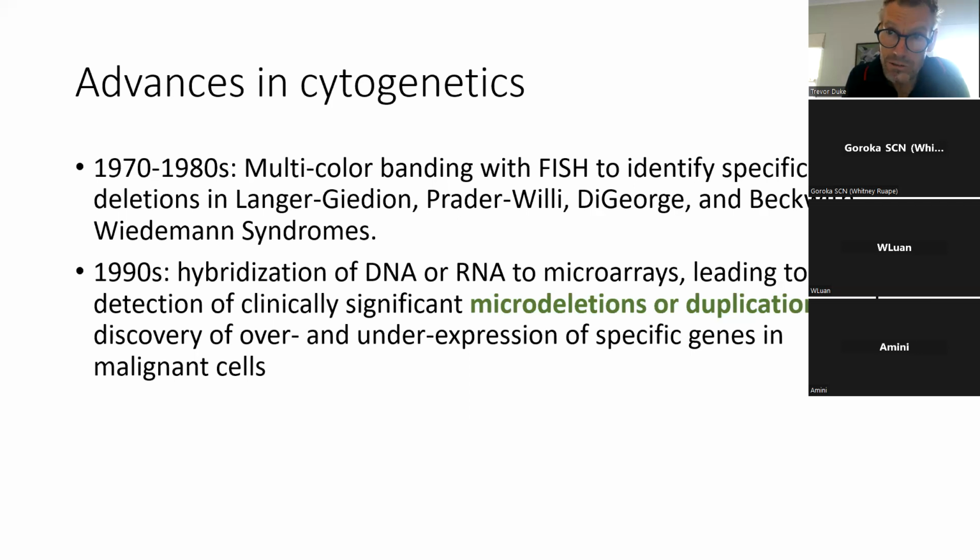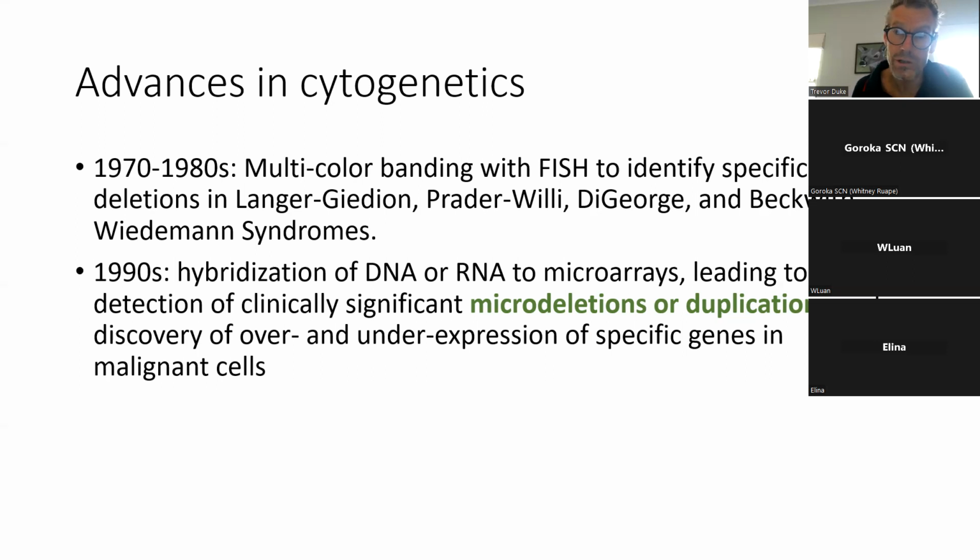And Prader-Willi syndrome, which, as you probably know, children have morbid obesity, but when they're born, they're actually often very hypotonic. They're quite floppy babies, and then they later on develop an insatiable appetite and put on very large amounts of weight and have some intellectual disability as well.